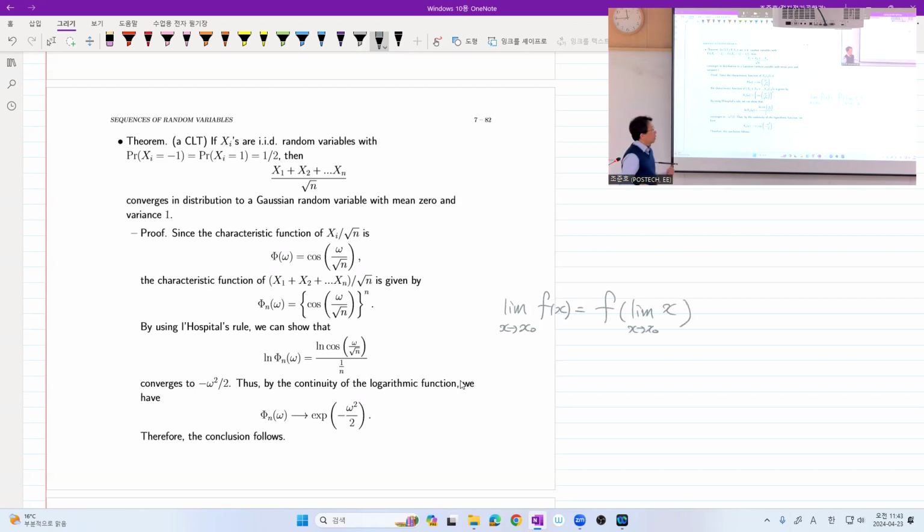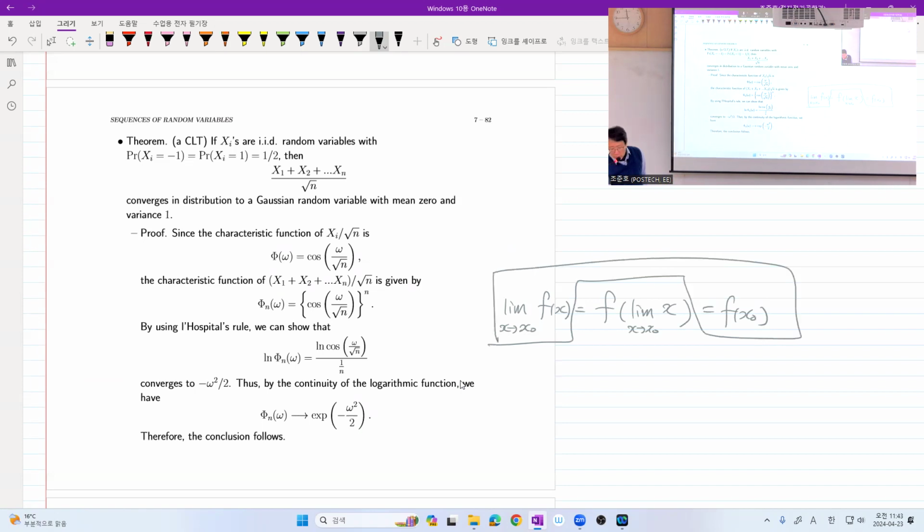And you may say that the right-hand side is a stupid notation because this is what? Always x0. But I prefer that one. In your high school math, this was the definition of the function's continuity at the point x0. However, that does not give you much information.